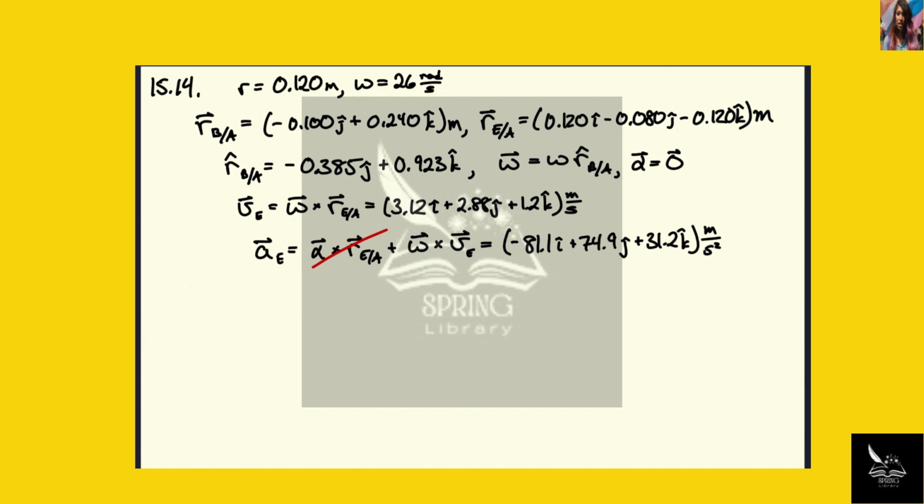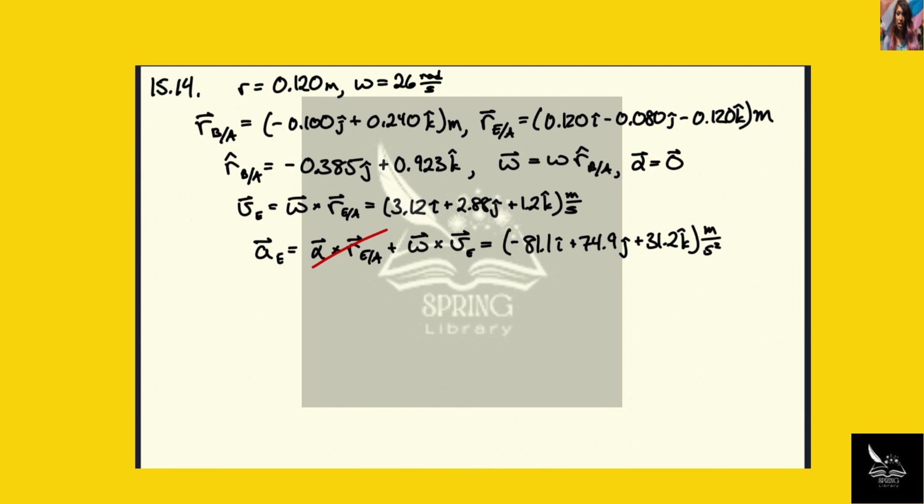Now here we write the vector from B to A. We can take the two vectors from the origin and take the difference. This is a vector that points from B to A, and it's not a unit vector. It has a magnitude, and this is given in meters.